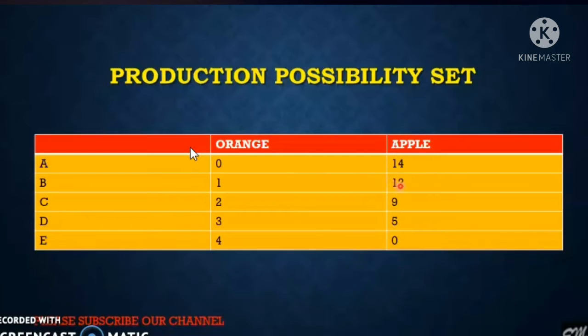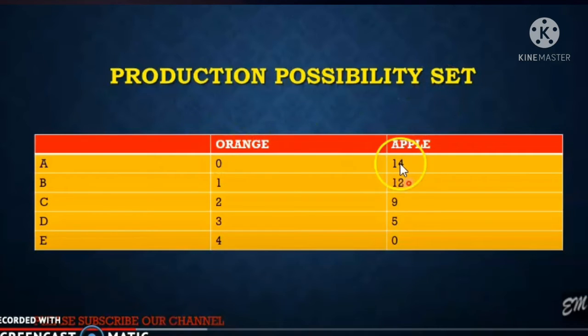If we are only concentrating on the production of apple, we have all the technology and produce 14 apples. Then we think of producing one orange. When one orange is produced, we put the remaining technology into the production of apple, and that's 12.